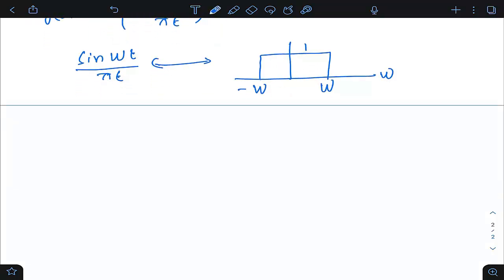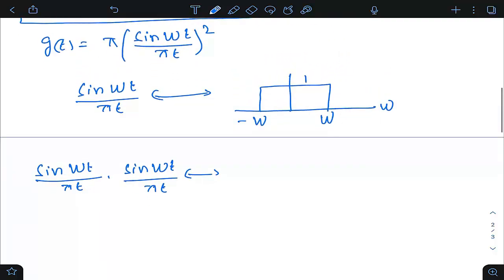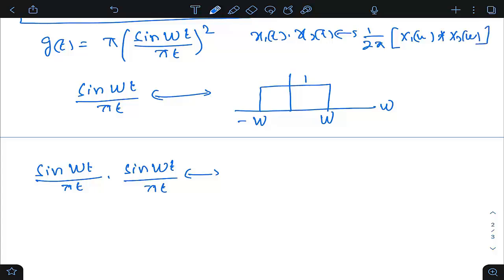Now if I say sin(Wt) by πt multiplied by sin(Wt) by πt, what is the Fourier transform of this? You know very well the multiplication property: x1(t) multiplied by x2(t) has Fourier transform 1 by 2π times X1(ω) convolved with X2(ω).